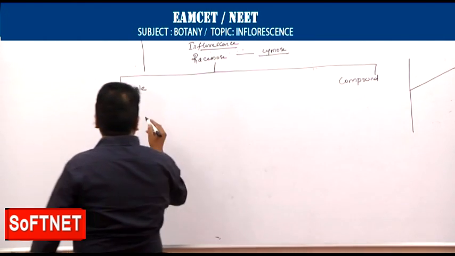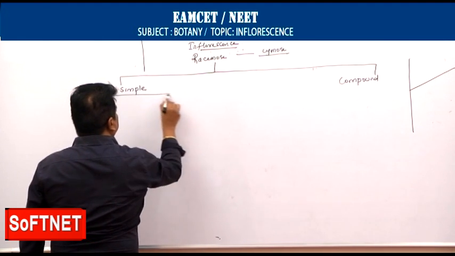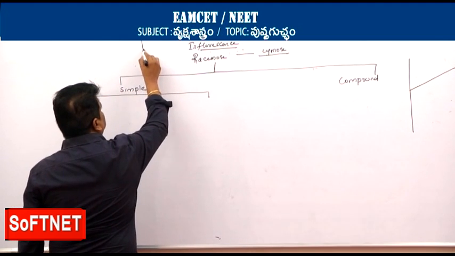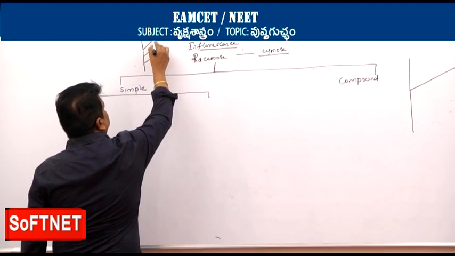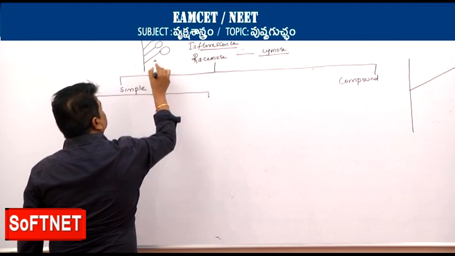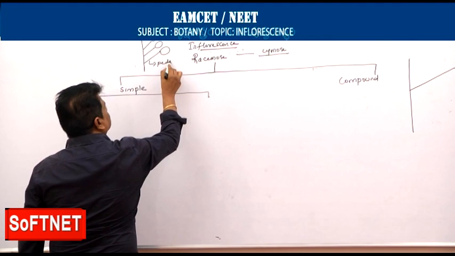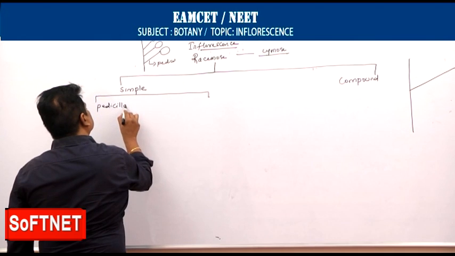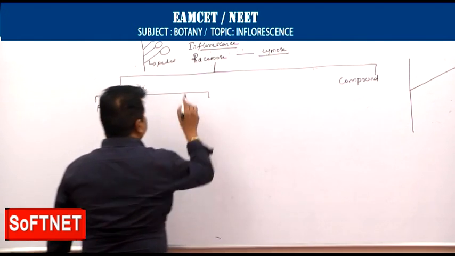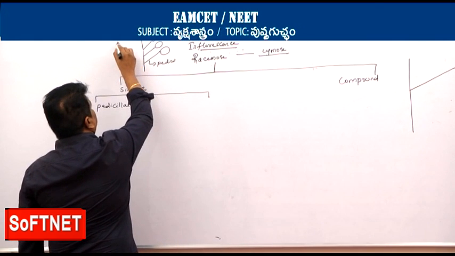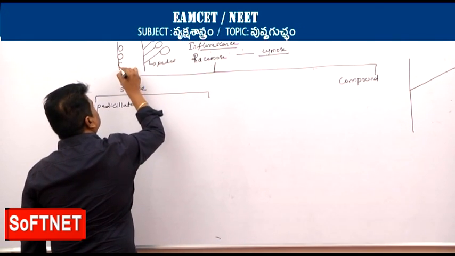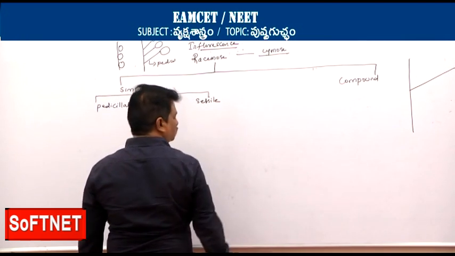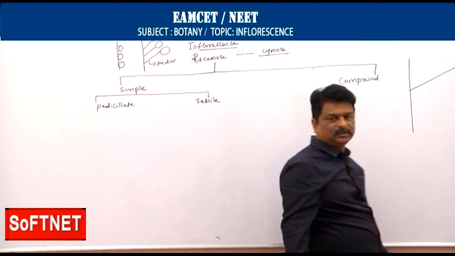Then either simple or compound, it is of two types. If they have a pedicel, that is pedicellate. Simple with an unbranched peduncle will produce sessile, stalkless flowers, called sessile.